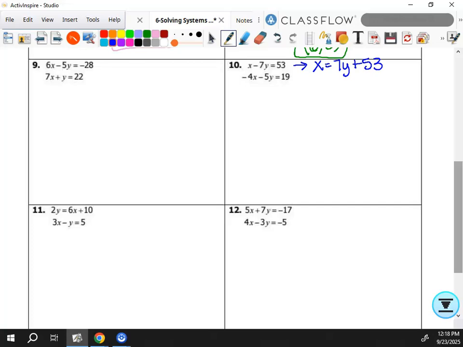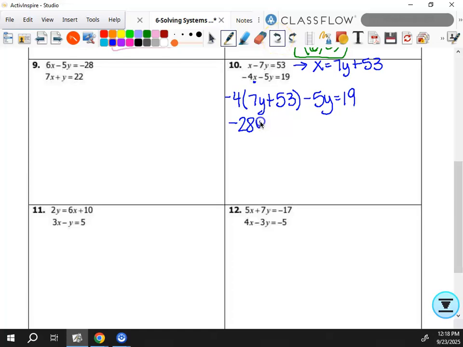So now I'm going to substitute that in right here where there's an x. So I have -4, open my parentheses, 7y plus 53, and then minus 5y, and that equals 19. Okay, don't skip too many steps because that's where mistakes may happen. So then that gives me a -28 plus, oh, no, I'm sorry, -28y.